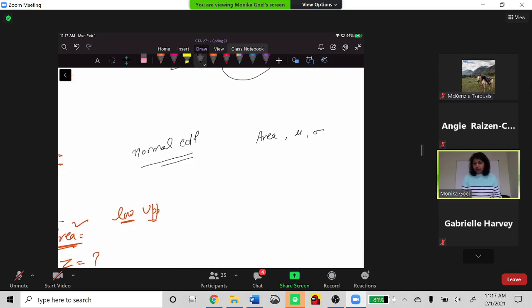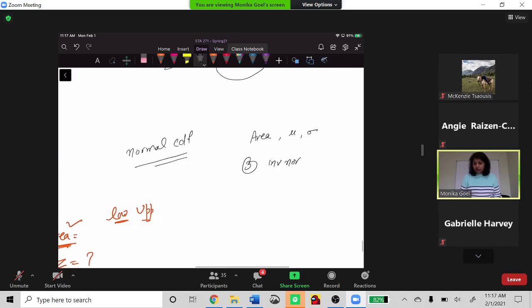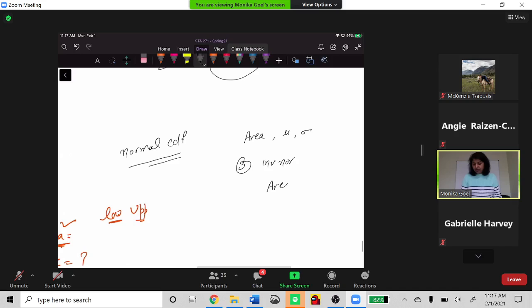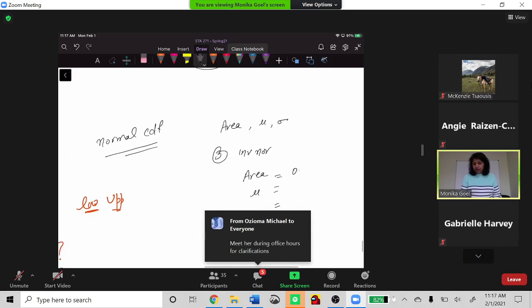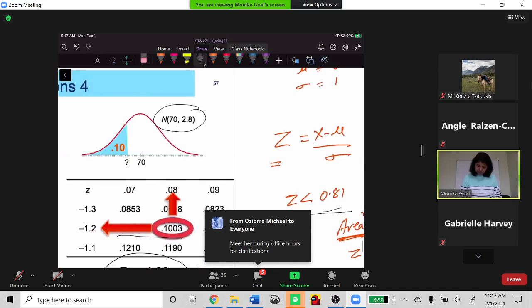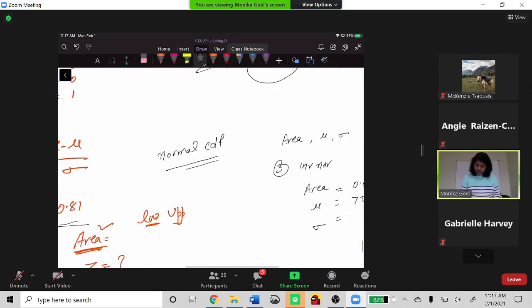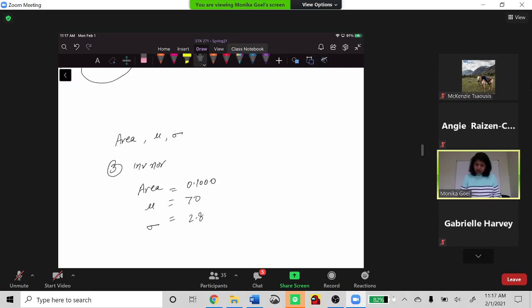If you are looking for the corresponding value, use the third option, which is inverse normal. When you do inverse normal, it asks you for area, mean, and standard deviation. Again, the area is given to you as 10%, and your mean is given to you as, I guess, 70 and 2.8. Then you will find the corresponding x value when you plug this in.